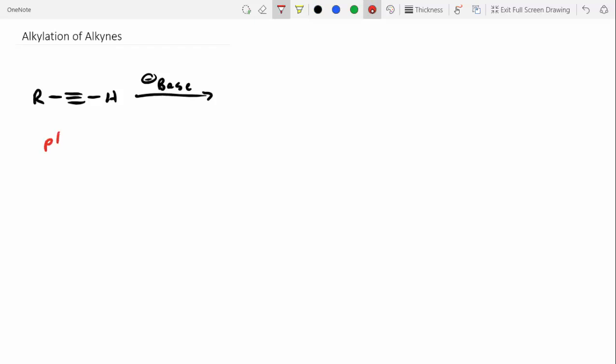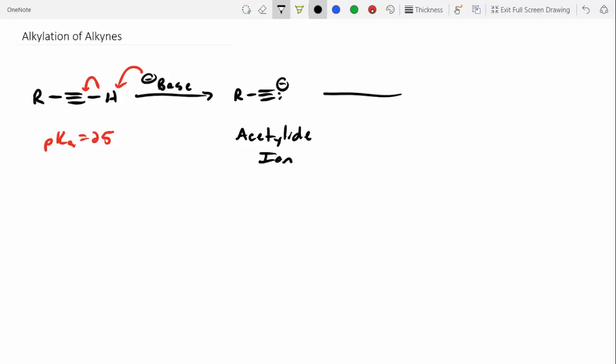We said that this has a pKa of 25, so if we use a strong enough base, the base is just going to grab that proton and we're going to form our acetylide ion. So we call this an acetylide ion. The cool thing with an acetylide ion is that these are good nucleophiles.